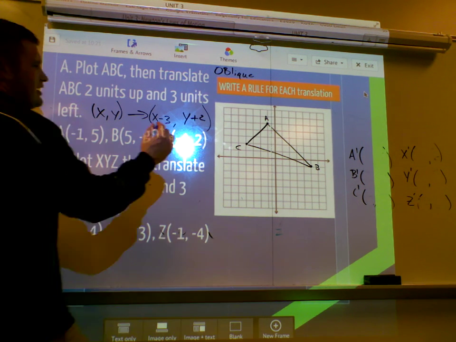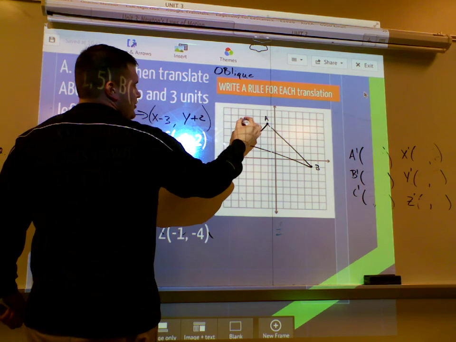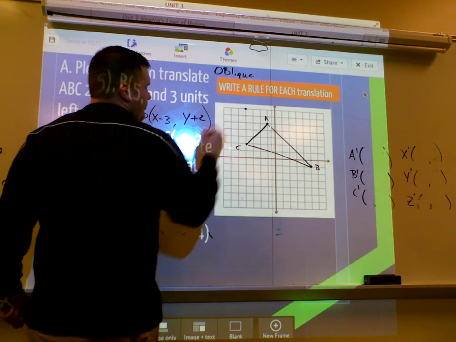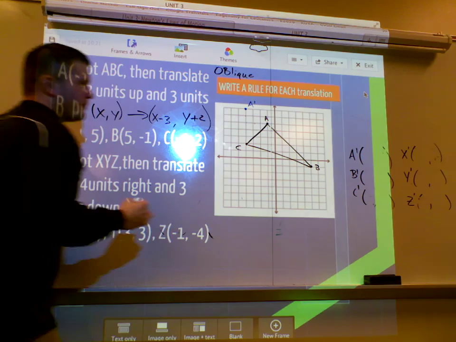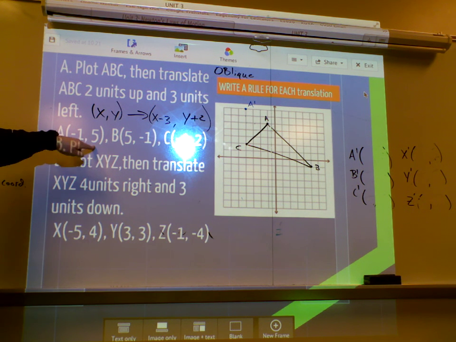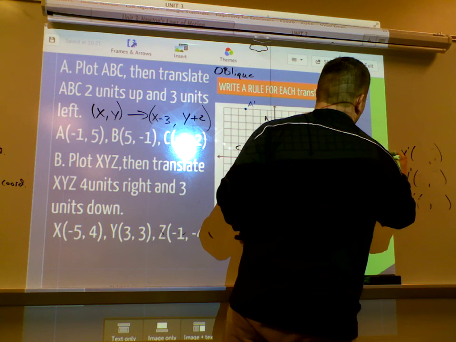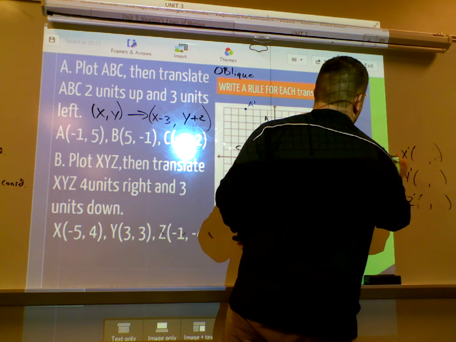So we're going 3 to the left. 1, 2, 3, and up 2. To that point right there. That is A prime. That point is negative 1 minus 3, which is negative 4, right? 5 plus 2, which is 7. So A prime is at negative 4, 7.